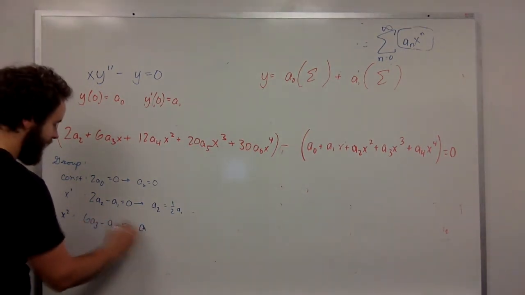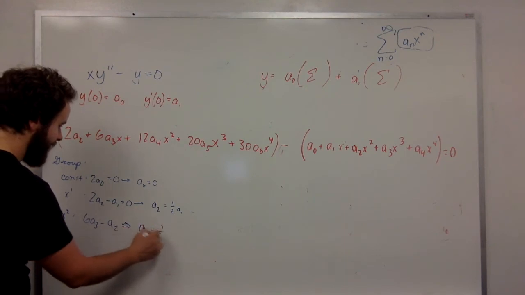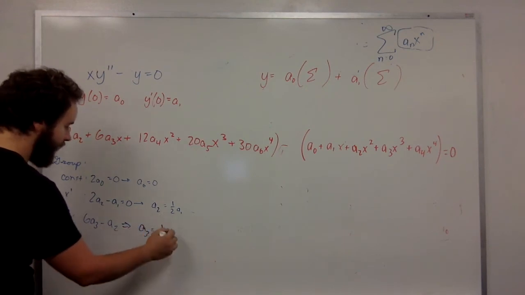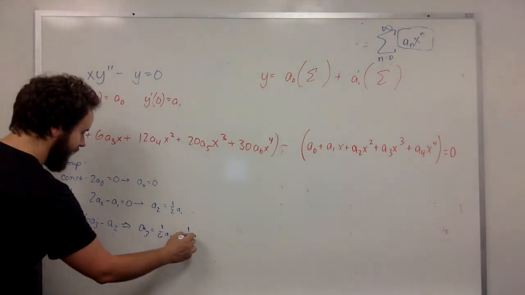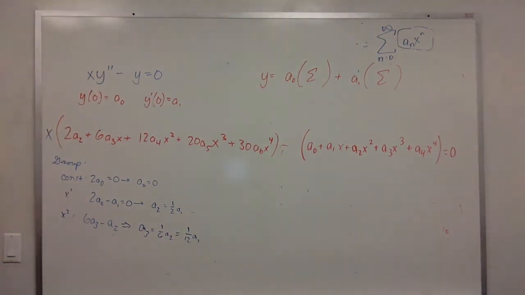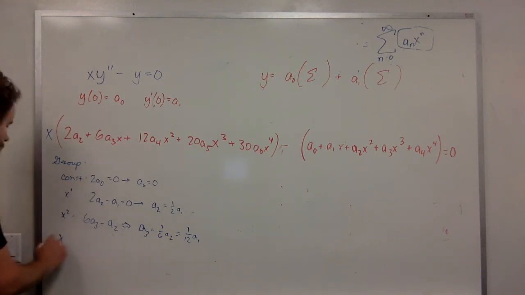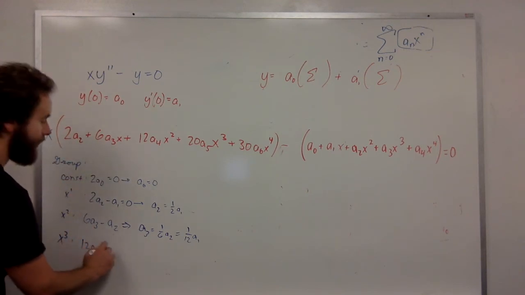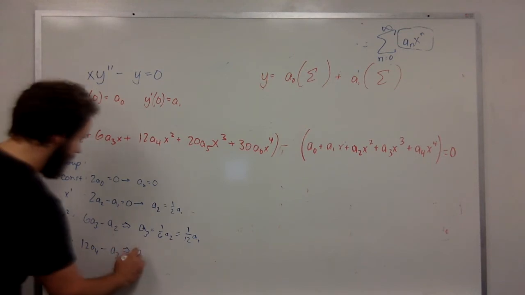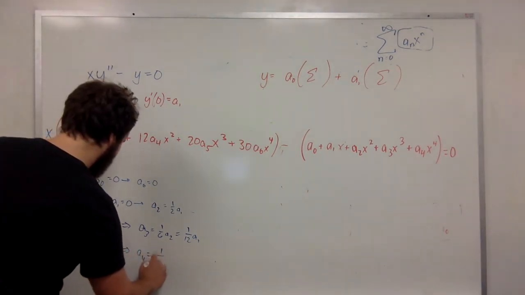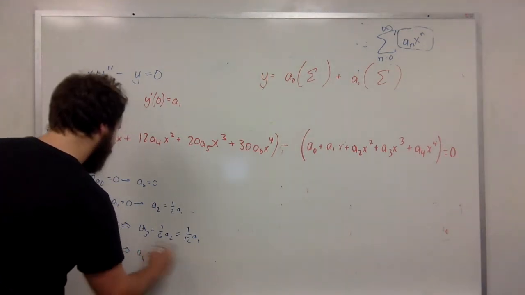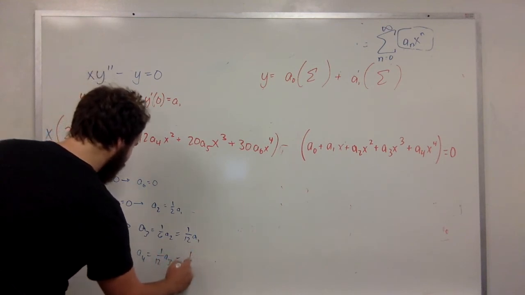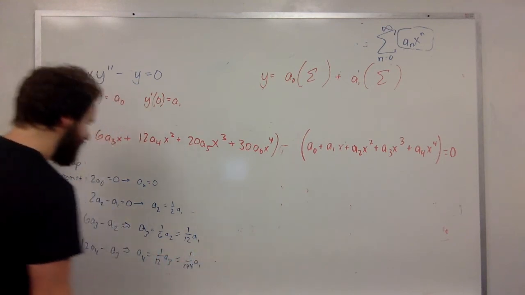This tells us that a3 is 1/6 a2, but a2 is 1/2 a1, so we have 1/12 a1. X cubed: we have 12a4 and a minus a3, which tells us a4 is equal to 1/12 a3. But we know a3 is 1/12 a1, so we get 1 over 144 a1.